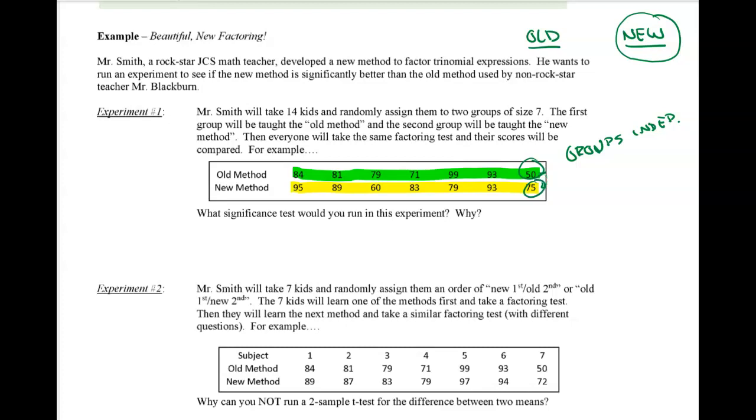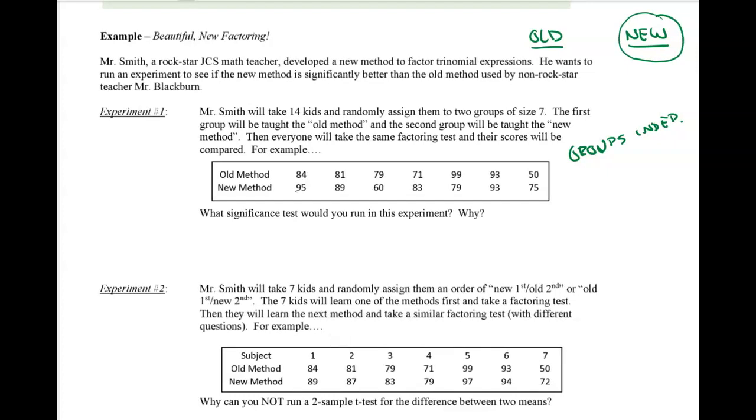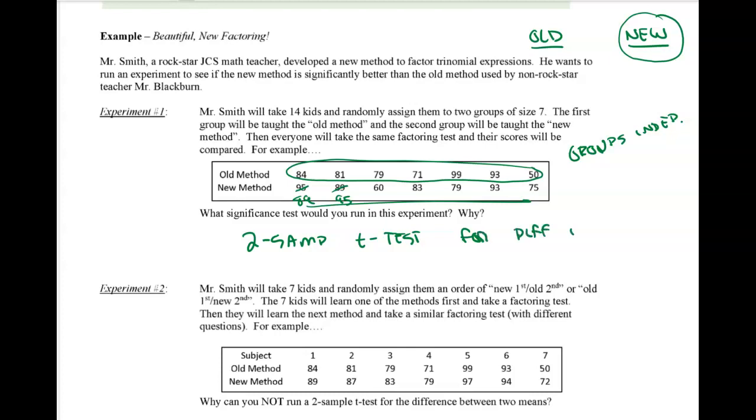If I wanted to, couldn't I switch the order of these data points and it wouldn't matter at all? This group is independent of this group. So we would use a two-sample t-test for the difference of means. We have two experimental groups and they're independent of each other.